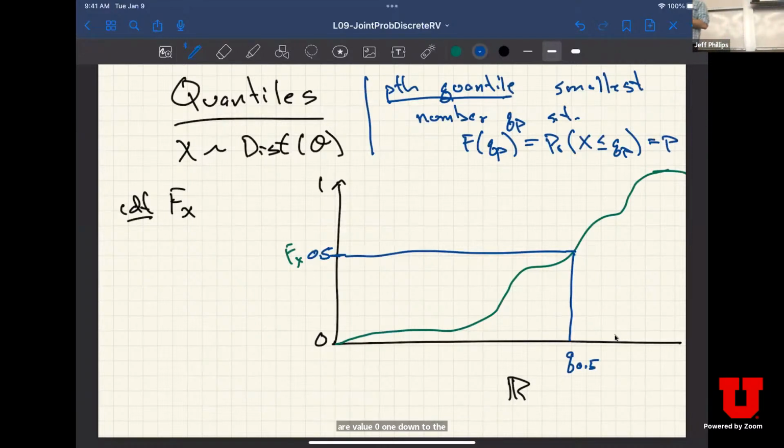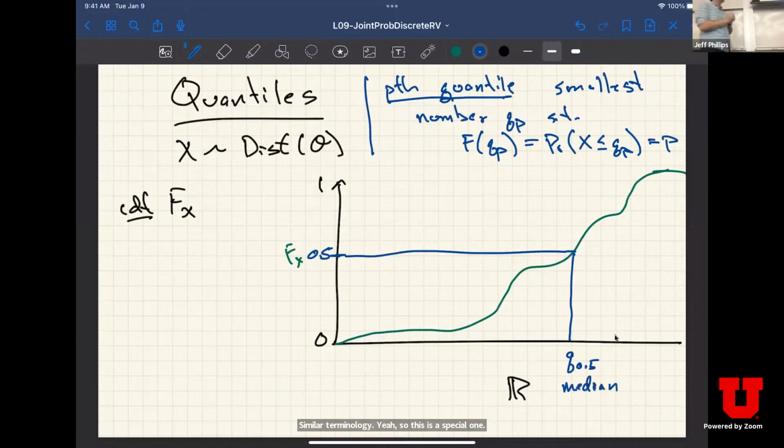Does someone know another name for the 0.5 quantile? Not the mean. The mean is the expected value of the PDF, which is a similar concept. Yes, a percentile, it would be the 50th percentile. So this is a special one called the median.